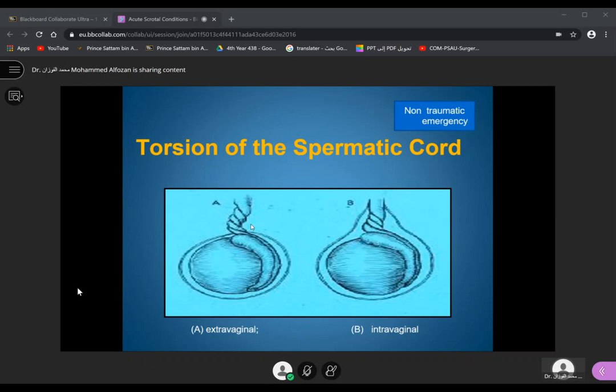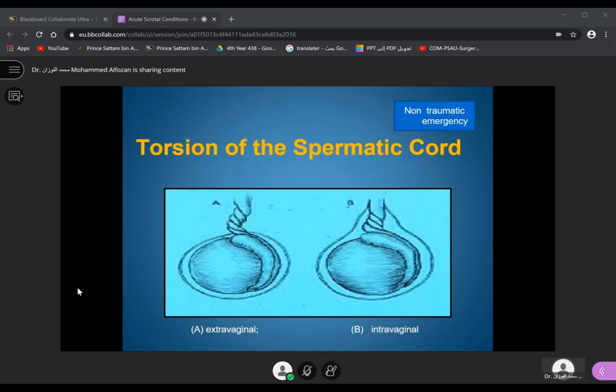As you all know, there is extravaginal and intravaginal torsion. Do you know what's the difference between them? One case happens in pediatric cases when the scrotum and the layers are undeveloped, especially the gubernaculum.